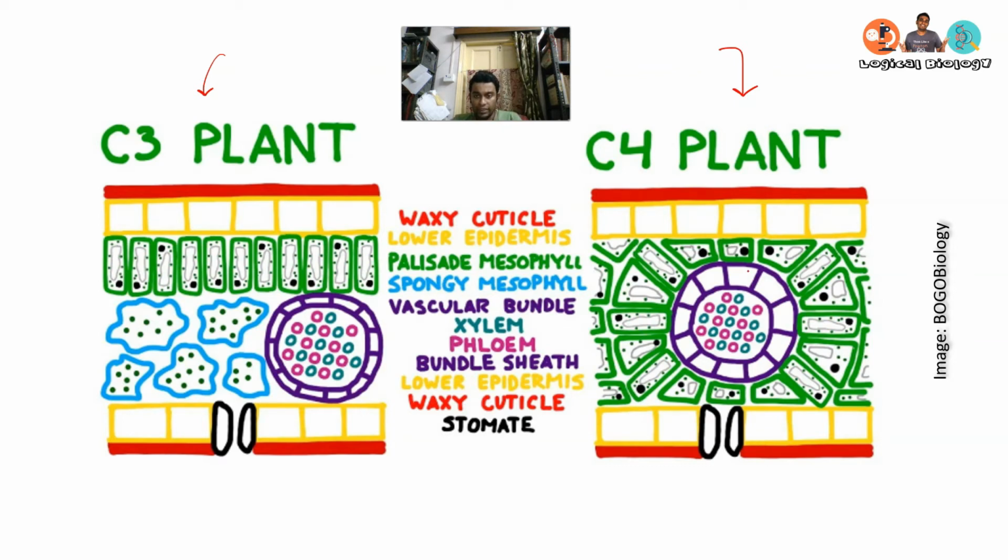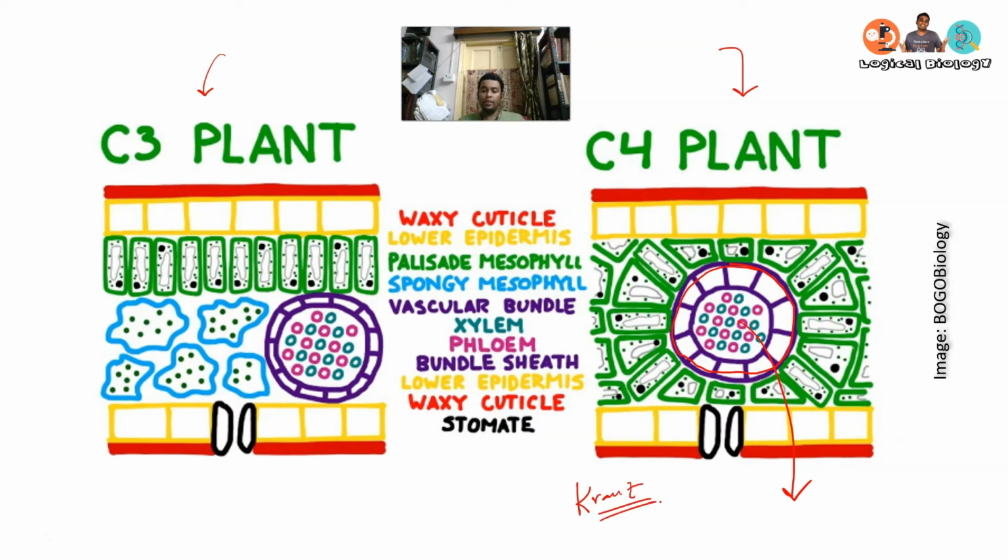As you can see, they have a ring-like structure surrounding this vascular element. This is the vascular bundle inside. This ring-like structure is definitely made up of some cells, so it forms like a ring. That's why this kind of adaptation is said to be Kranz anatomy.